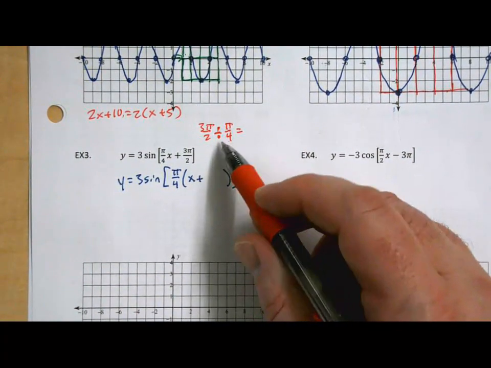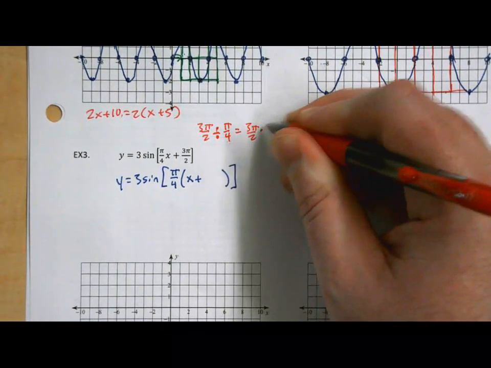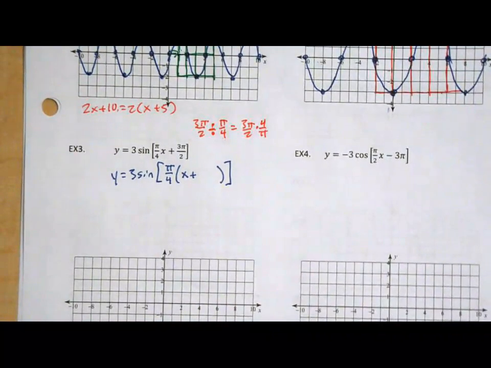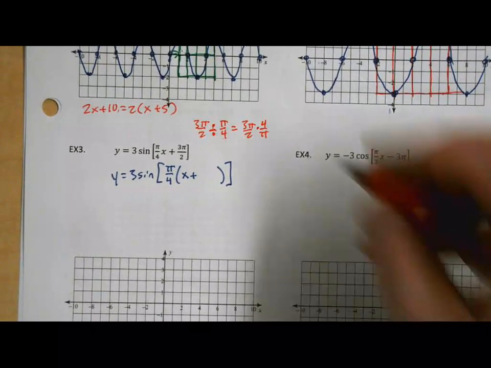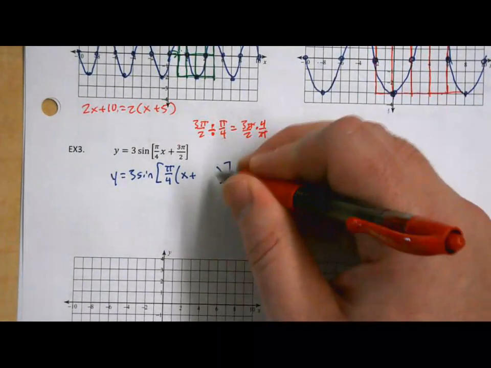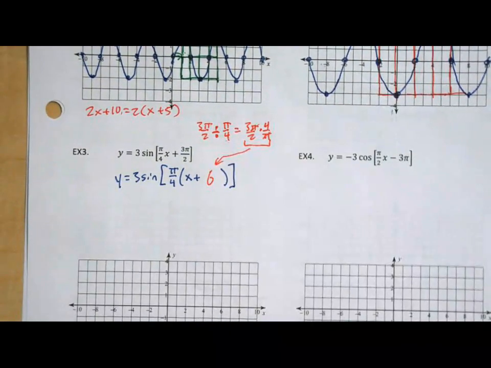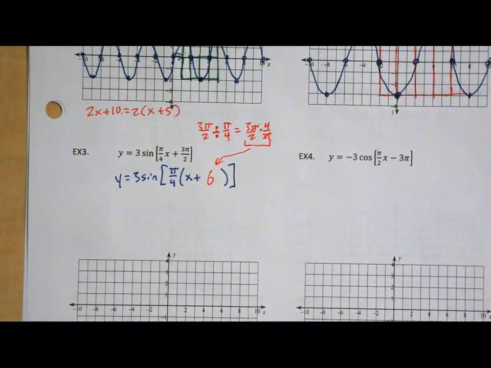Flip the second one and change it into multiplication. 3 pi over 2 times 4 over pi. And if we can't do that in our heads, then let's find a different place to be. Pi's cancel. 12 over 2 is 6. As long as you're getting a 6, that's fine. All right.